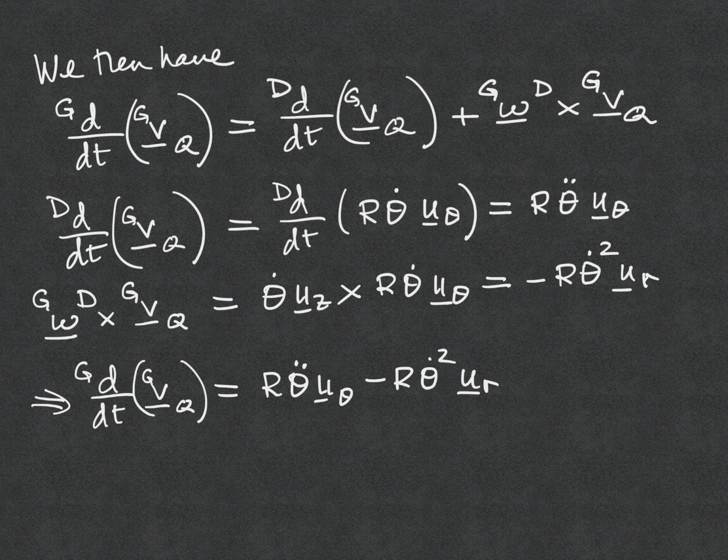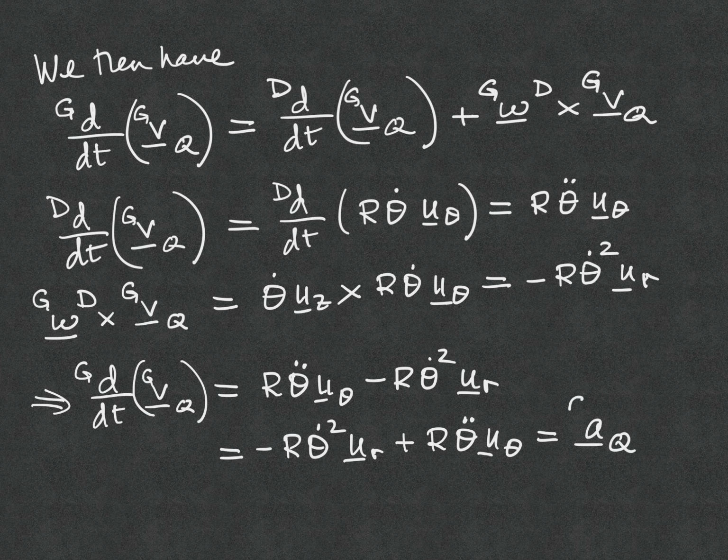But this is out of order because the basis order is ur, u theta, uz. So we put it back in the order of the basis, and we get minus r theta dot squared ur plus r theta double dot u theta. And as I said, this quantity is equal to the acceleration of point Q as viewed by an observer fixed to the ground. So now we've applied the transport theorem twice.